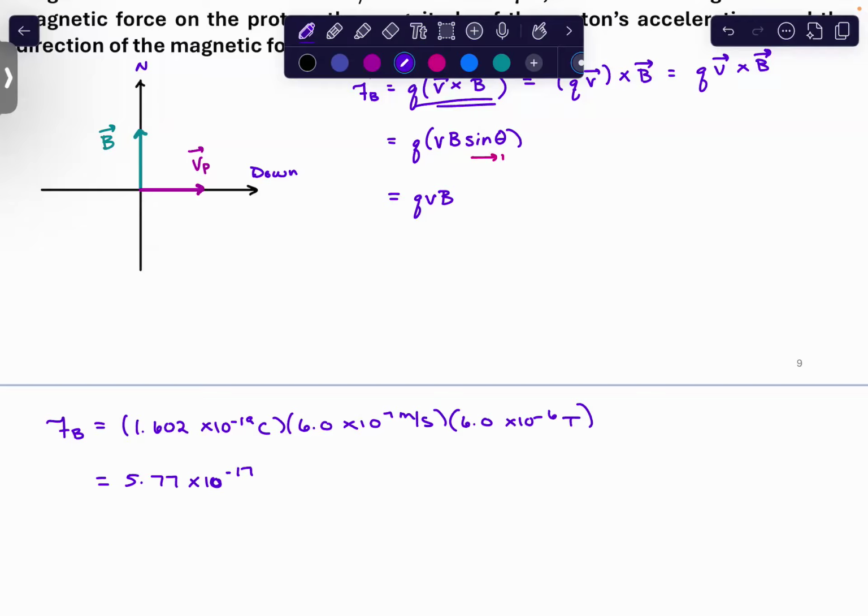Newtons. It's force. You could go through the dimensional analysis and figure that out, but at the same time, we put everything into SI, so coulombs, meters per second, and Tesla. So it's going to come out to be newtons.